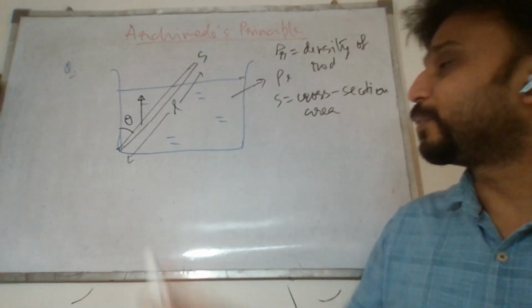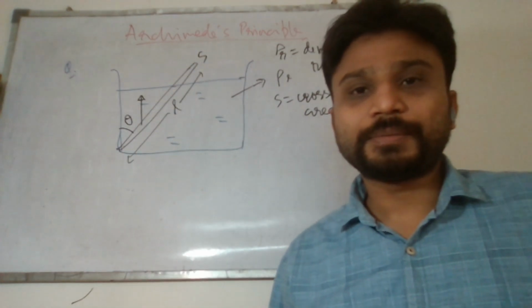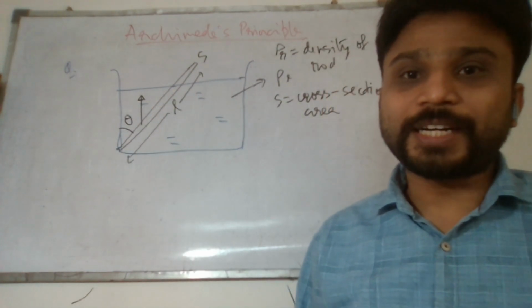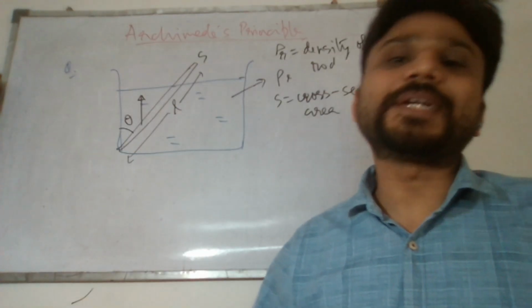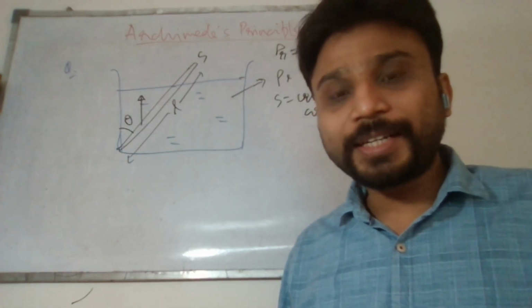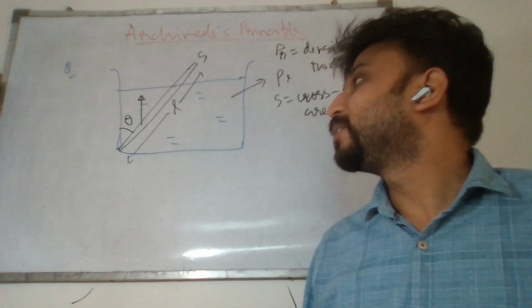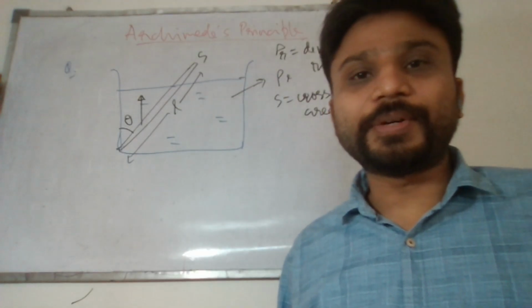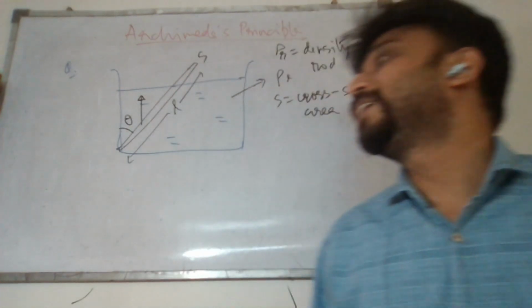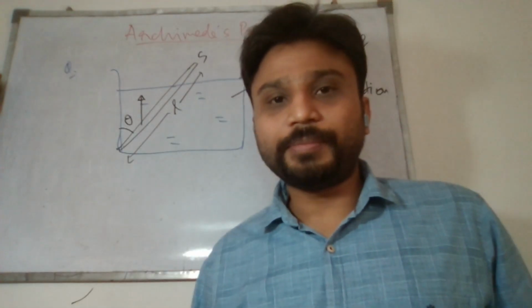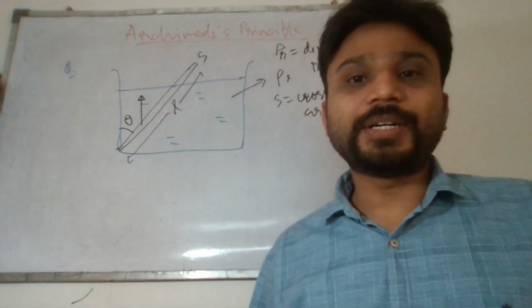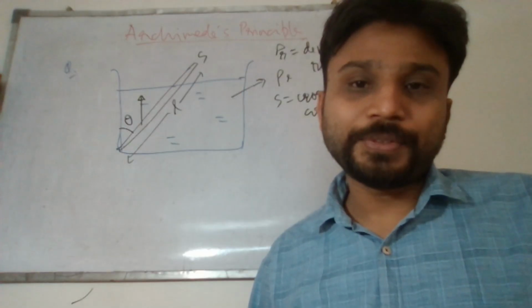Would it act at the center of the rod? We would naturally think that if this is the rod, if it were completely immersed in this body, it would act here. But it's not like that. Basically, we must remember how the buoyant force was generated.